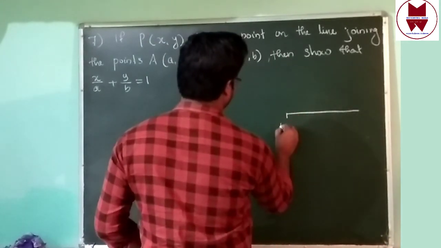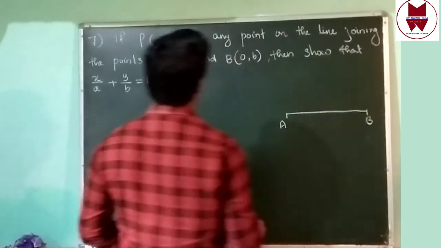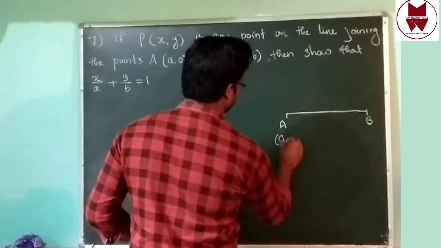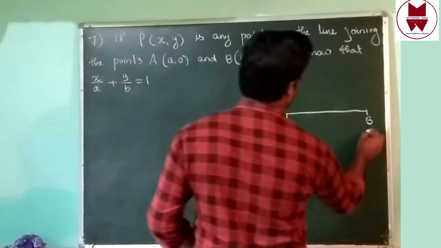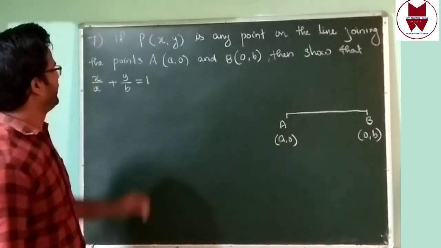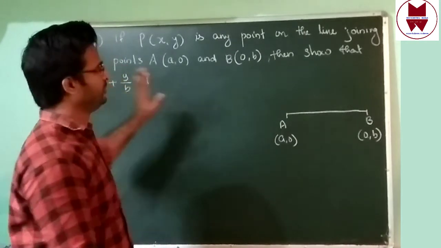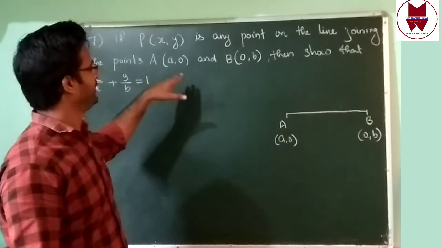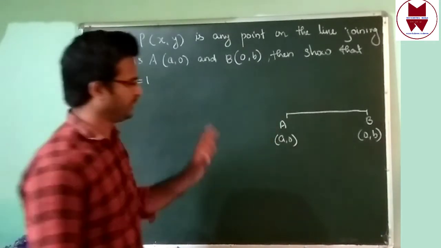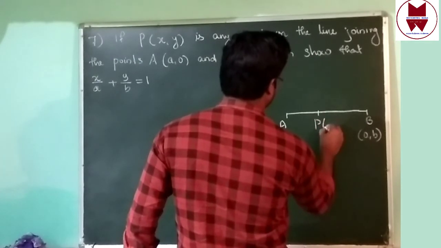The end points are A and B. The coordinates of A are already given, that is (a, 0). Then B means (0, b). Then one more point, that is P(x, y), any point on the line joining the points. That means P is any point between A and B on the line. We can consider one point P, coordinates given, that is (x, y).